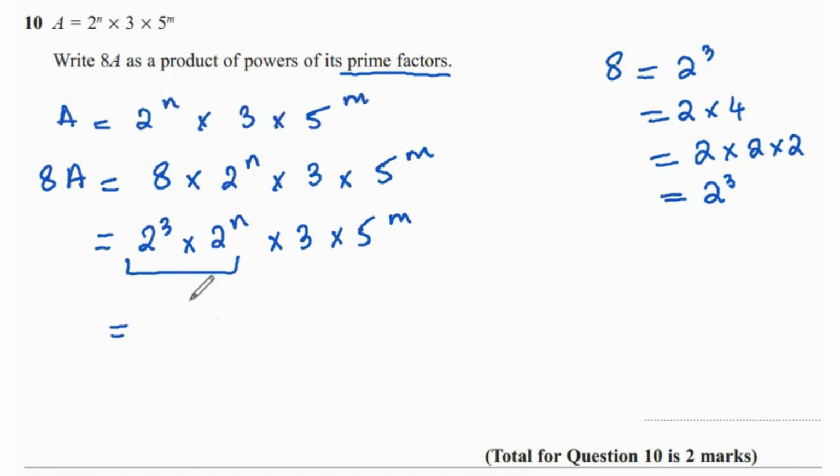Whenever we have similar bases being multiplied, we add the powers, which is one of the rules of indices, which we will also discuss in the upcoming videos for this playlist. So we add the powers and write it as 2 to the power of 3 plus n, and everything else comes as it is. This is the answer to part A, as a product of powers of its prime factors.